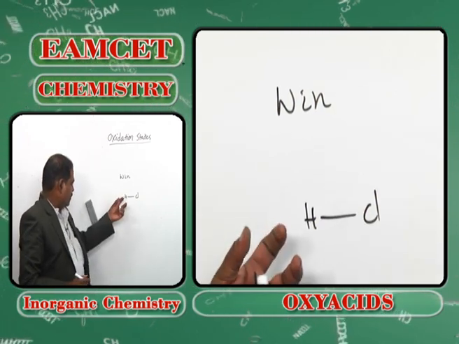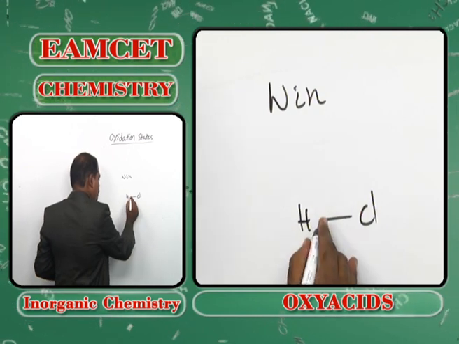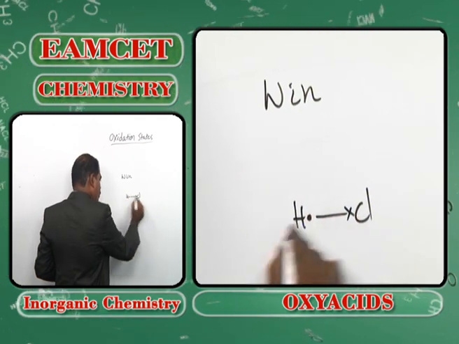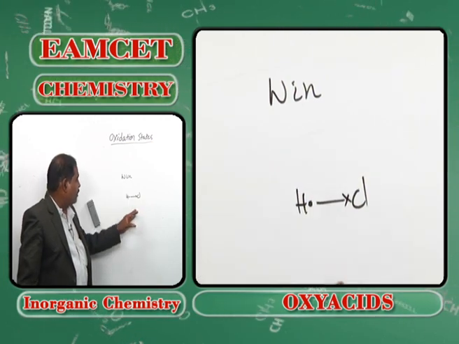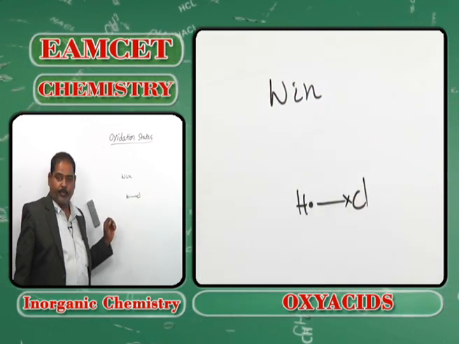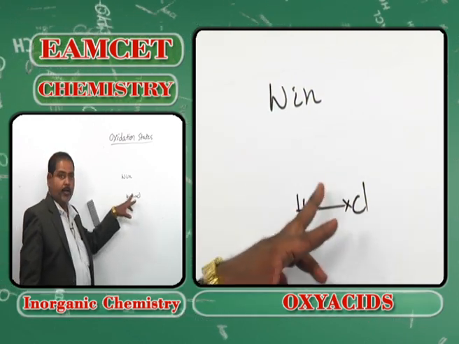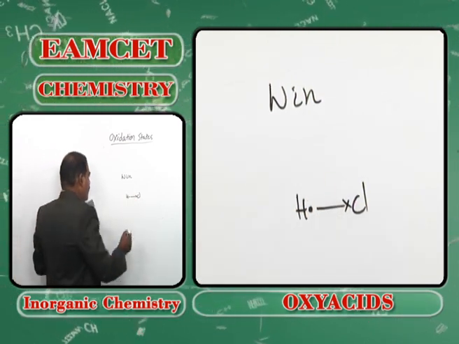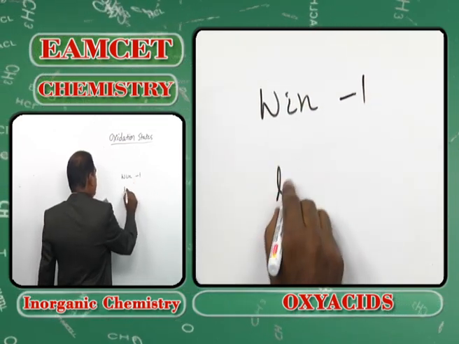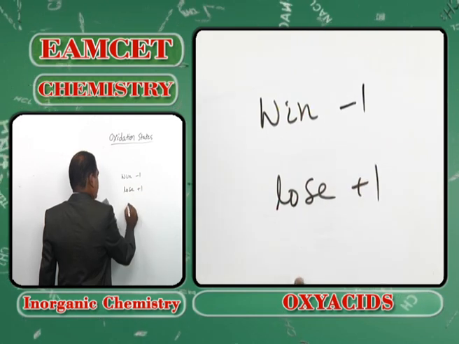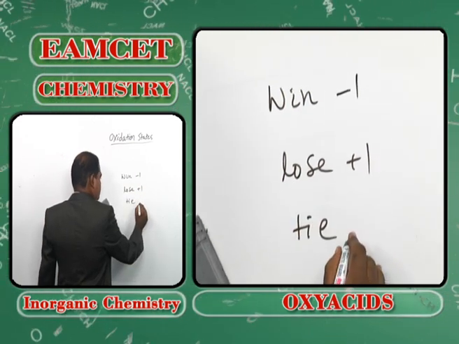Winning means chlorine being more electronegative, these 2 electrons, though they belong to both, are enjoyed more by chlorine than hydrogen. These 2 electrons always will be moving around chlorine. So, when you win a bond, your state is minus 1. When you lose, your state is plus 1. When you tie, it is 0.